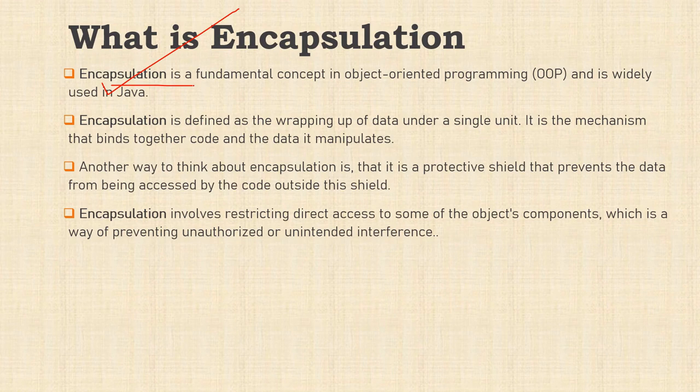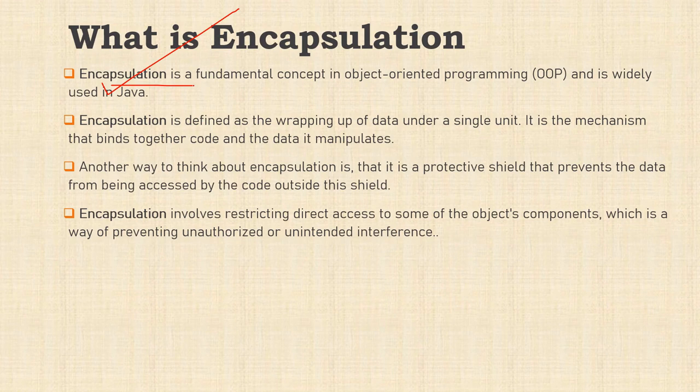Encapsulation involves restricting direct access to some of the object's components, which is a way of preventing unauthorized or unintended interference. So it restricts direct access to your data. It prevents unauthorized access of your data.